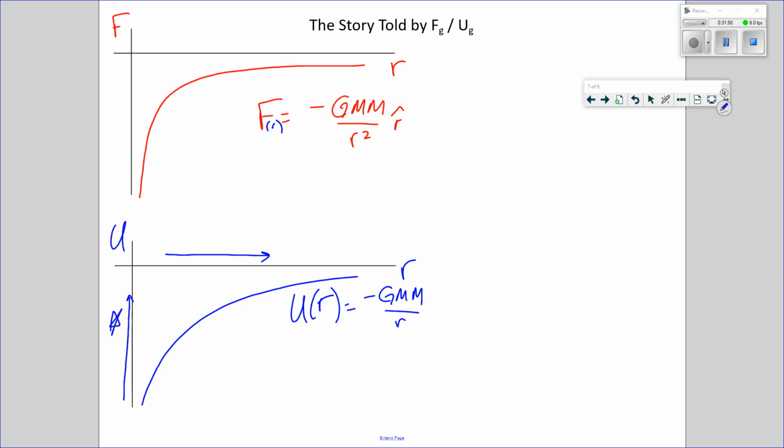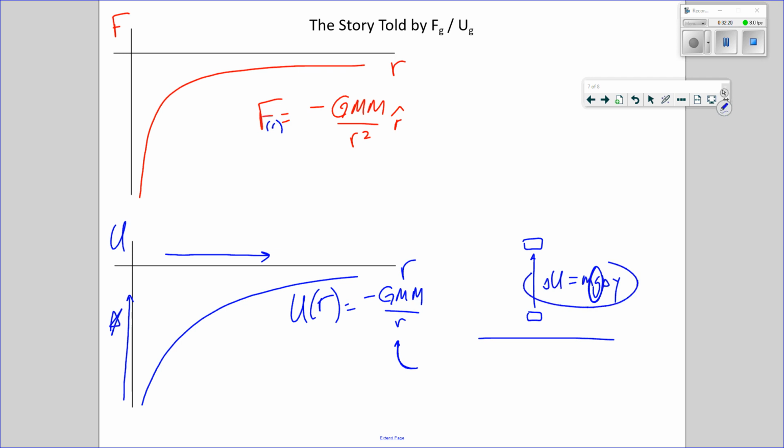There's more of it. So first of all, we have a function that gets bigger as r gets bigger. Well, that's good, right? If you take a book and move from here to here, r gets bigger, and we would say that u gets bigger. Now, we would say that u gets bigger by mg delta y, but that's because we're saying g is constant, and this doesn't. This has gravitational field strength built into it. So these two things agree.